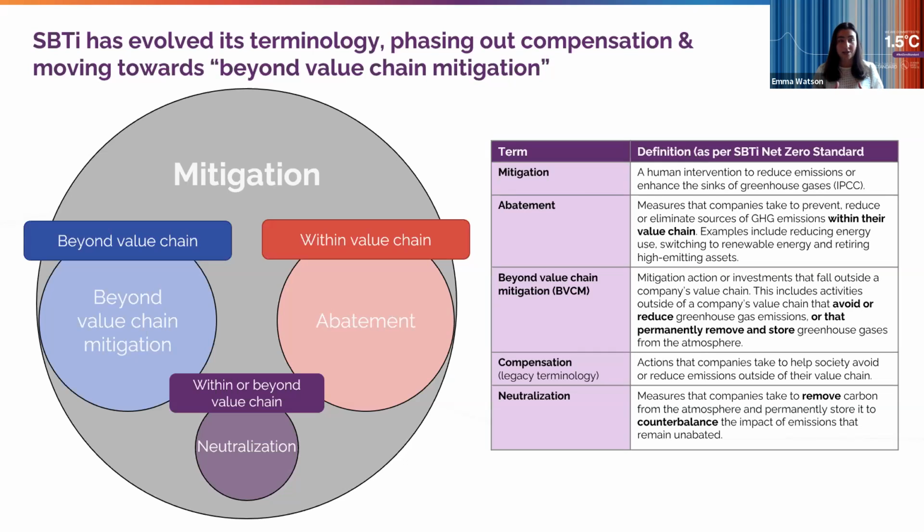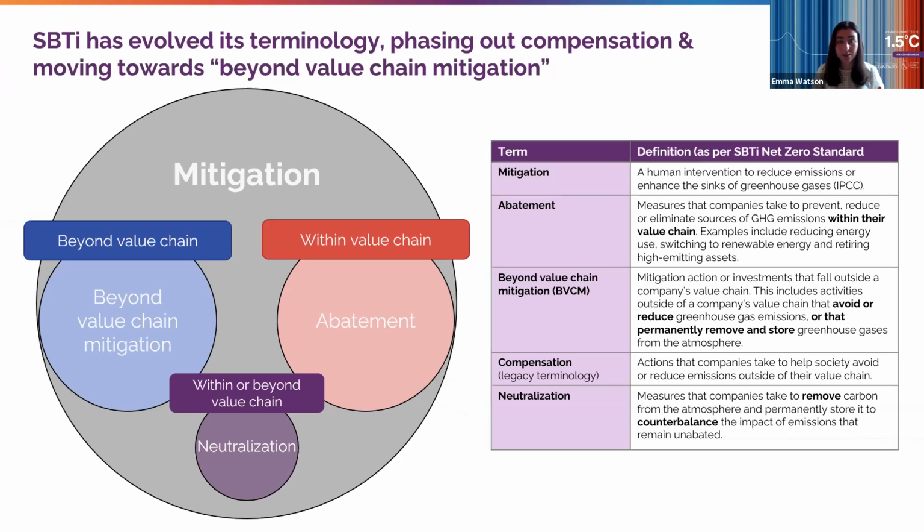Beyond value chain mitigation, if we think back to the 4 elements of a net zero target, this was element number 3. These are the mitigation actions or investments that fall outside of a company's value chain. And they can be actions that either avoid or reduce emissions or that remove and store.